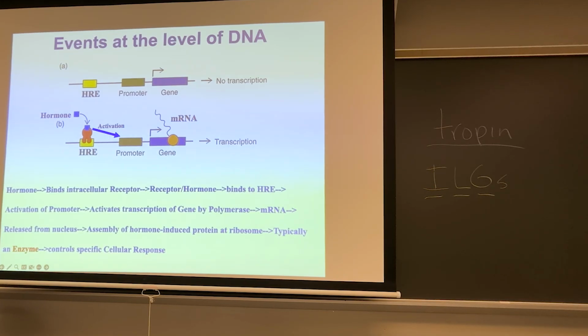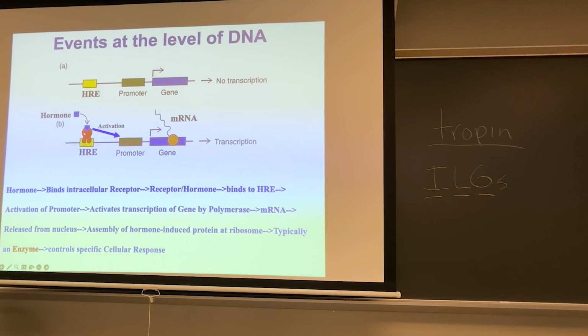Often the way we think it works, and believe me, I'm not a molecular biologist, is that often the promoter is bound up, or it's twisted so that the enzyme can't get to it. So we have to relax the DNA in order for the polymerase to find the promoter. And that's where the hormone comes in. The hormone is going to bind to its receptor, and that receptor is going to shuttle it in to this gene of interest.